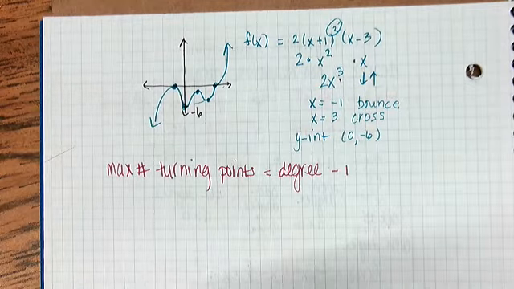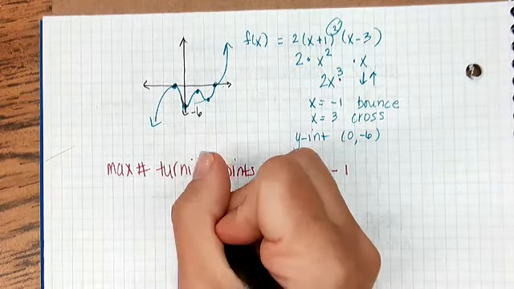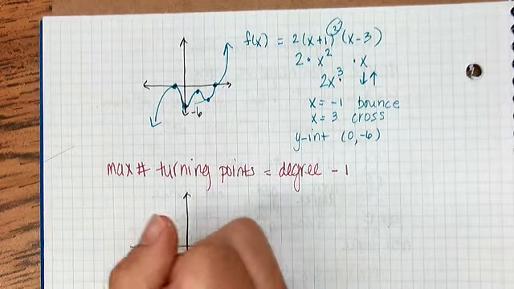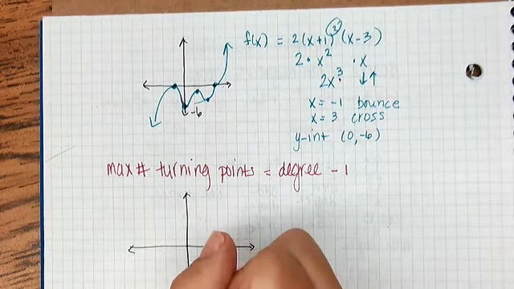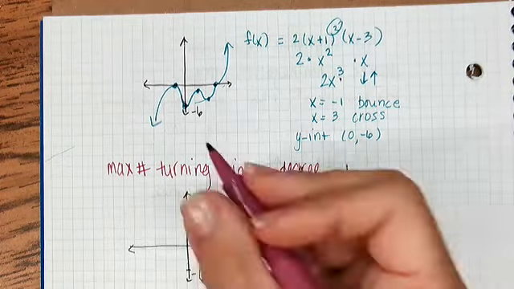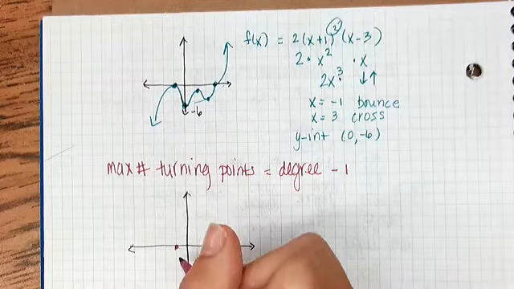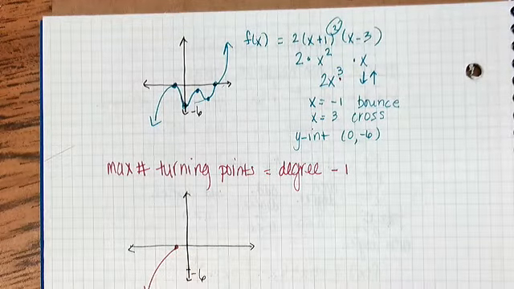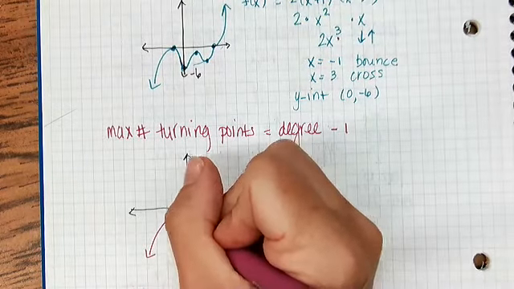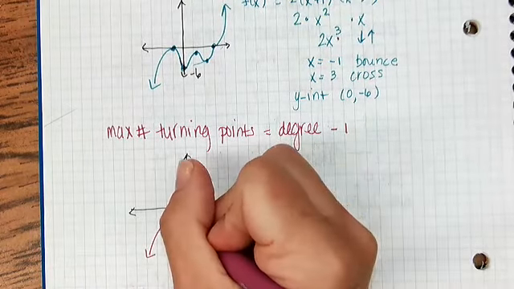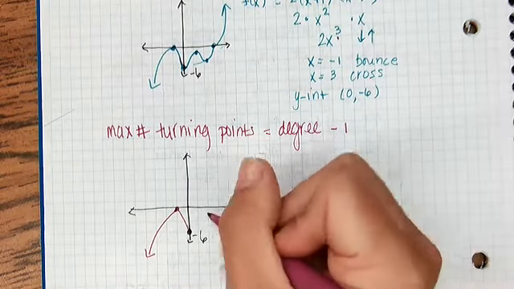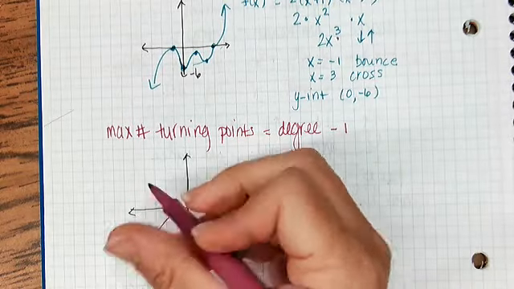So the only possibility for what this graph can look like, let's just redraw this: -6, -1, it bounces to -6, 1, 2, 3.